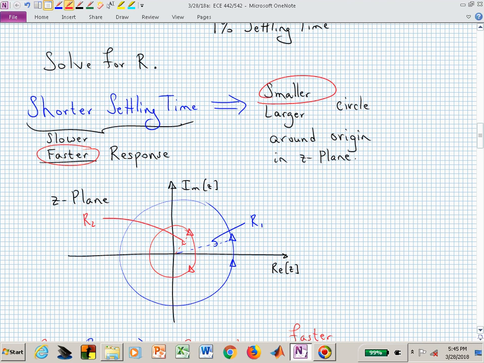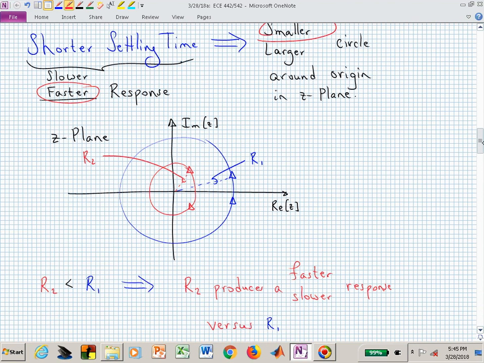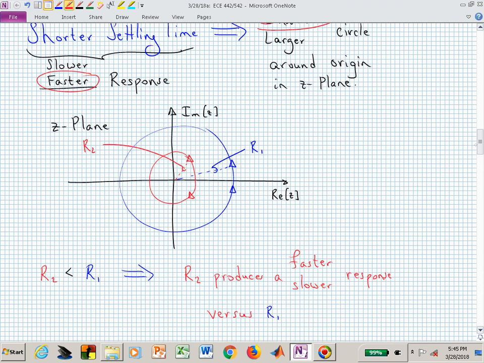So if we are talking about settling time, we have to have all of our poles inside the unit circle. In this case, R2 is obviously less than R1, and R2 then produces a faster or slower response. So now my terms are interchanged. Faster is up, slower is down for your thumb.